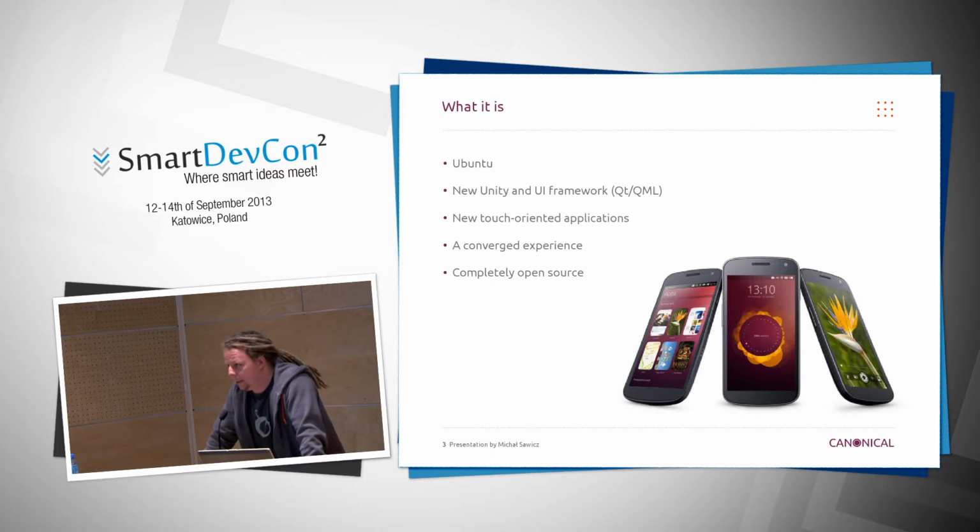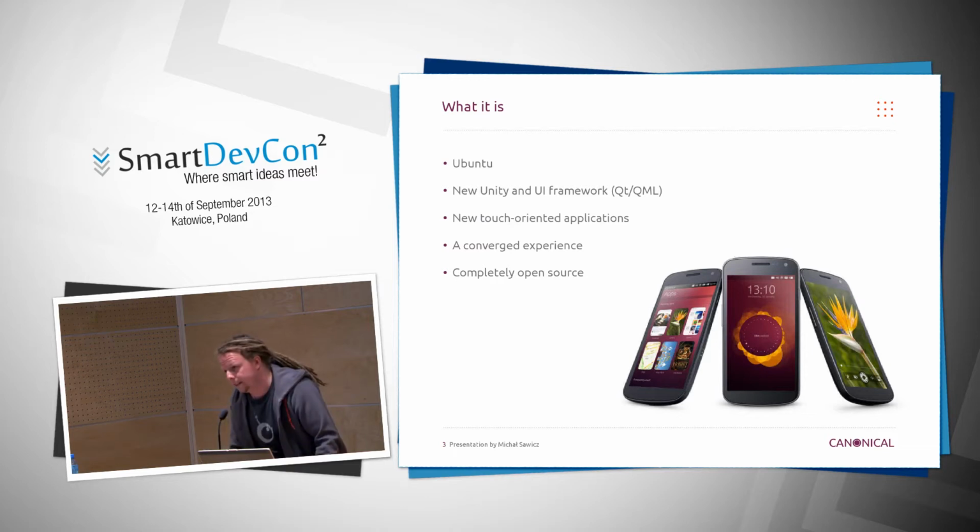So the new Unity for Ubuntu Touch is effectively a rewrite in Qt and QML based on Qt 5.0. We are hoping to switch to 5.1, but there are some issues with it, so we probably won't have the time to switch to 5.1 before the Ubuntu 13.10 release.